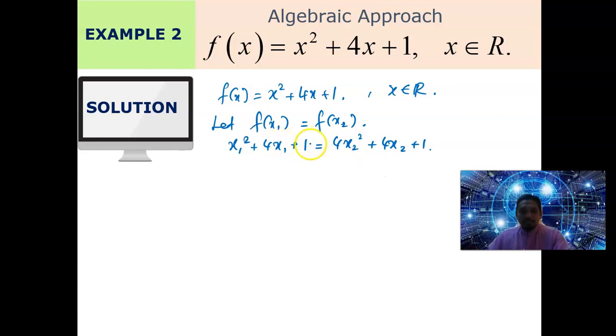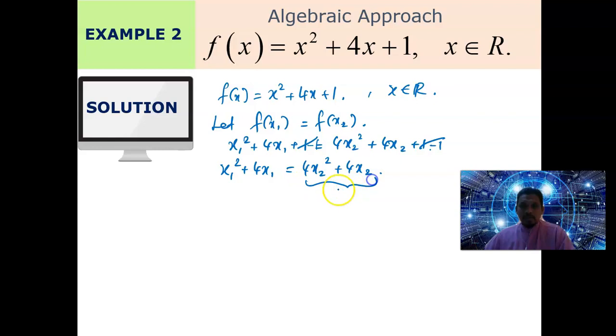Then, again, we minus 1 left and right. So x1 squared plus 4x1 equal to x2 squared plus 4x2. Now we bring all this to the left side.